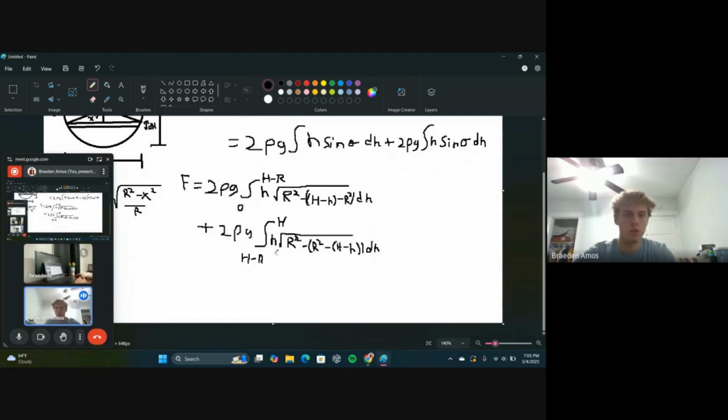So now we can start to add these together. So F equals 2 rho g, and so these terms will cancel out. So it'll be from 0 to H. H is the same.